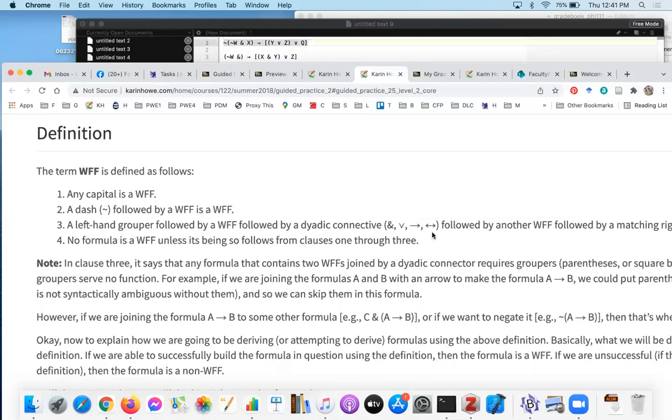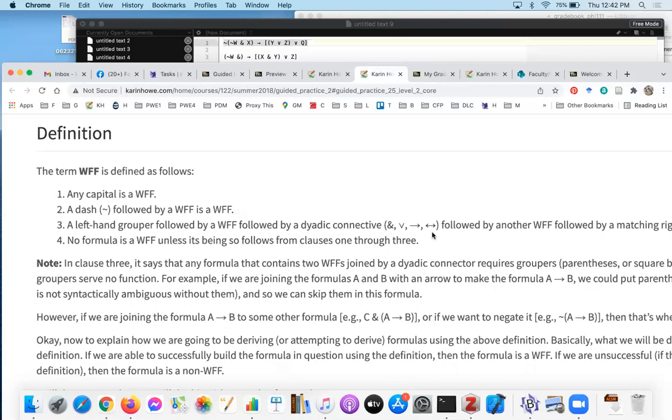When we actually need parentheses is when we are joining more than just two WFFs with these dyadic connectives, because then the parentheses help us differentiate between statements that are not necessarily logically equivalent.